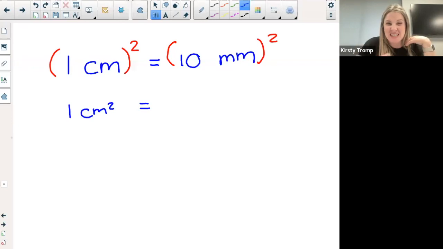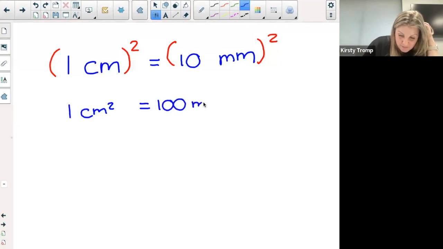Tell me in the chat, what's 10 times 10? What's 10 squared? 10 times 10, because that's what 10 squared means, hey? 10 times 10? Good. 10 squared is 100 millimeters squared. All right. So when I have 1 centimeter squared, it's the same thing as saying 100 millimeters squared.